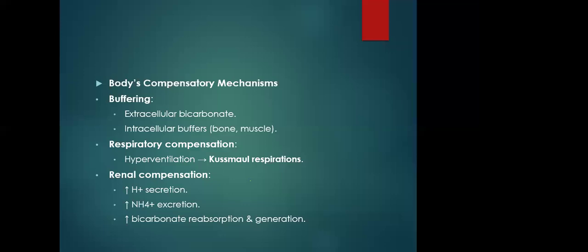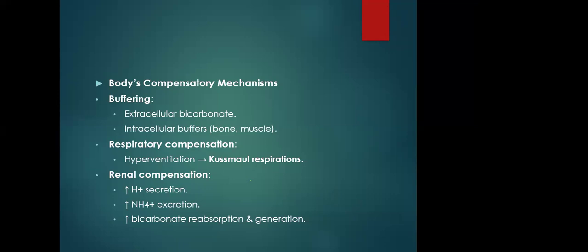The body compensatory mechanisms here are very important. So we have our internal buffering system, which includes the extracellular bicarbonate, and also we can have intracellular buffers where our bones and muscles are playing a very key important part.